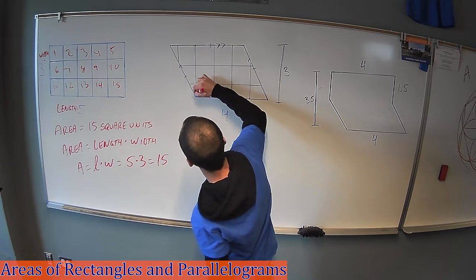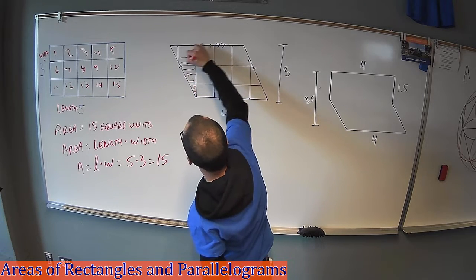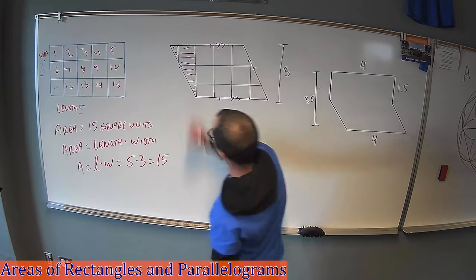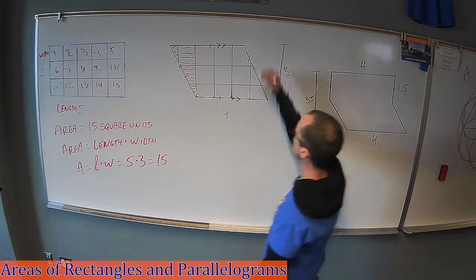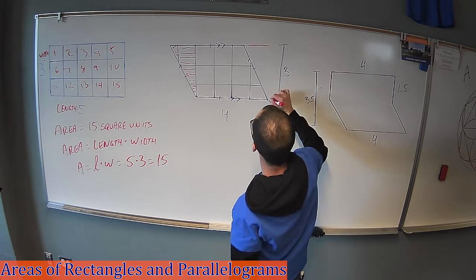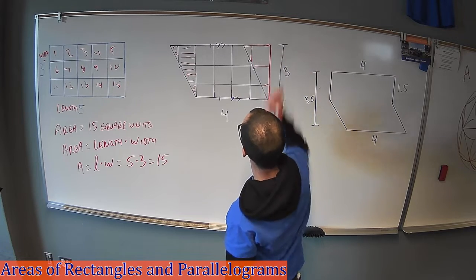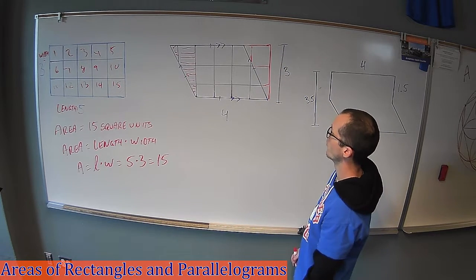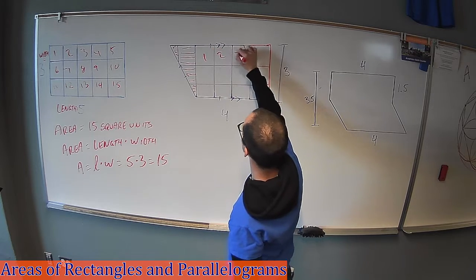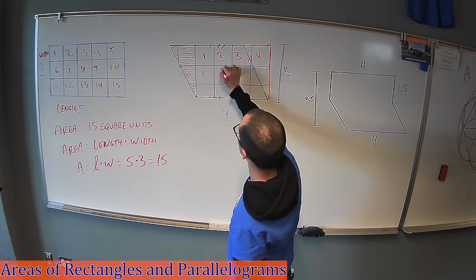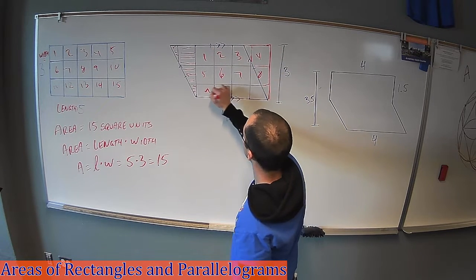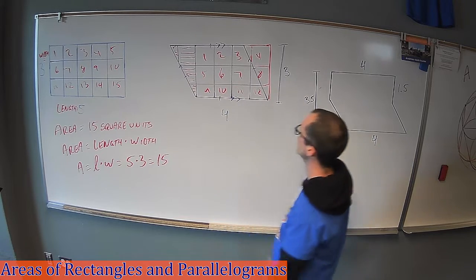So if I were to take this whole section, all this stuff I've shaded in red, and I were to just move it, rotate it, and slide it over here, what would happen is I would just be continuing out this rectangle. And I would have 1, 2, 3, 4, 5, 6, 7, 8, 9, 10, 11, 12 units.